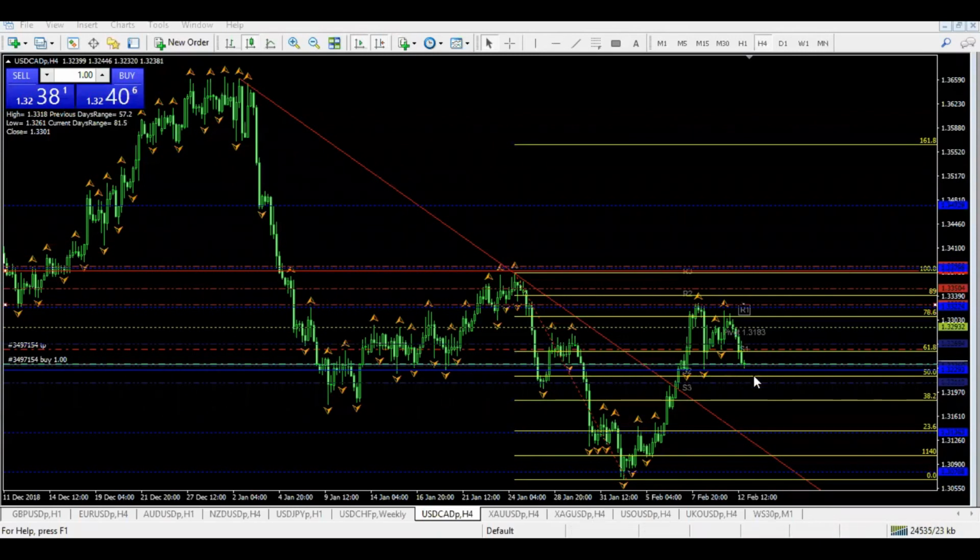We said that if 61 breaks, 50 is the warning, and 61 is the confirmation. When my 50 breaks, it gives me a warning that the trend has changed from downwards to upwards.